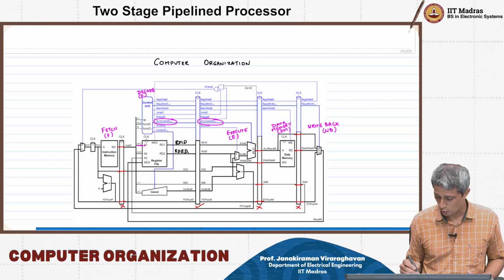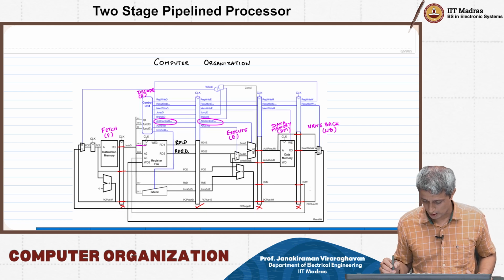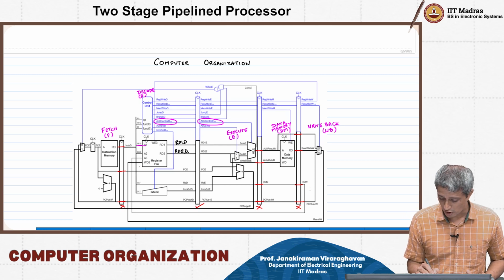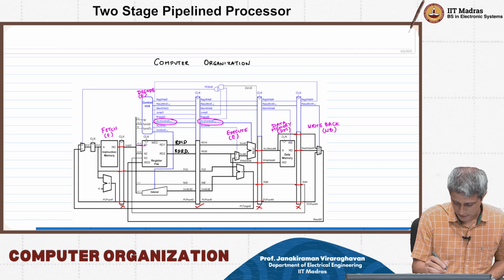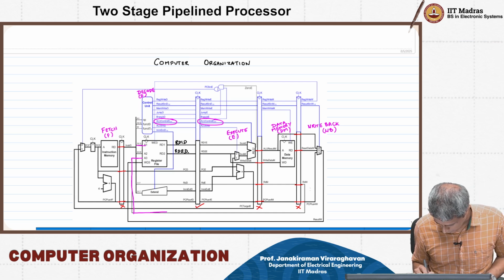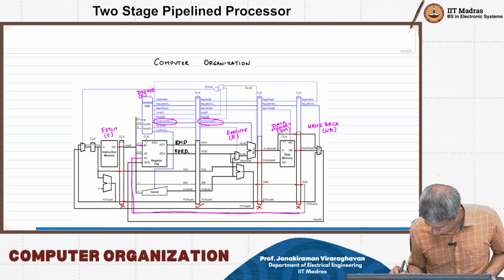Okay, so if you look at this, what we are now talking about is the register file data WD3, right? If you trace this particular signal, A3 is coming like this. From which point?